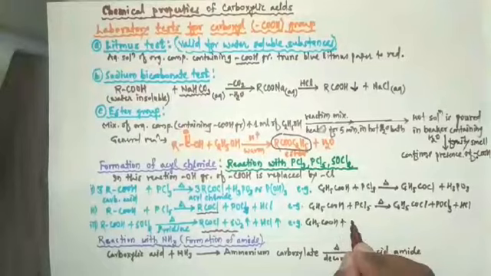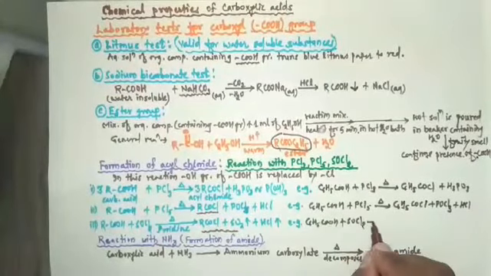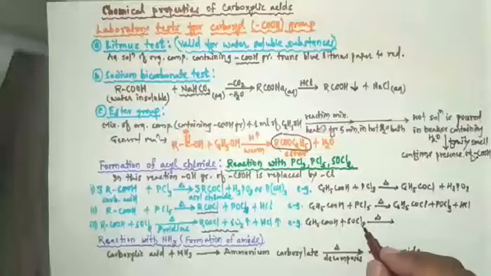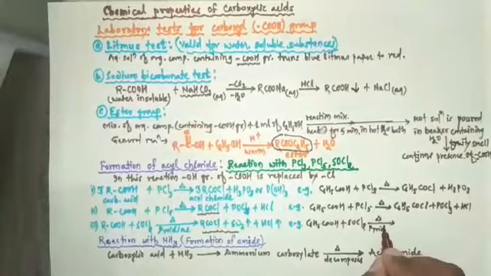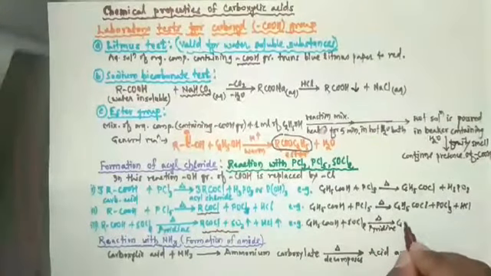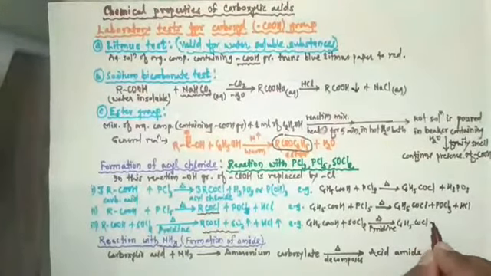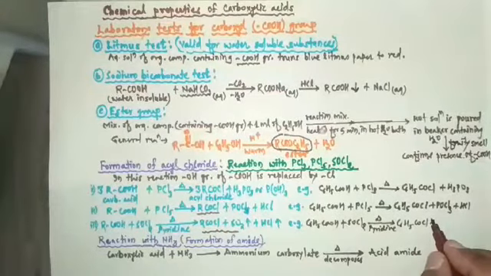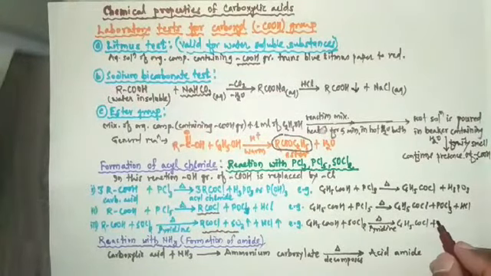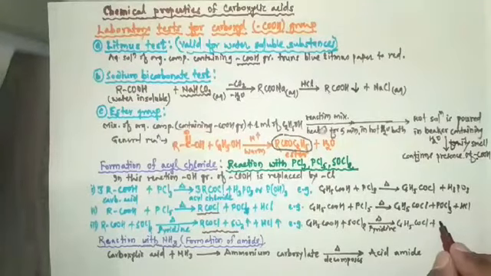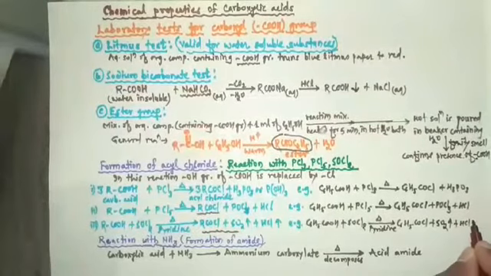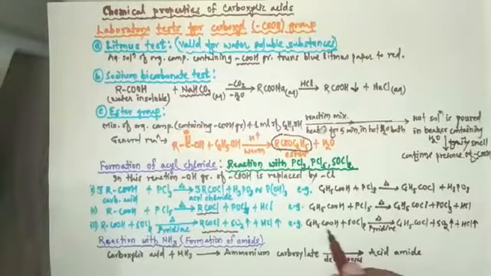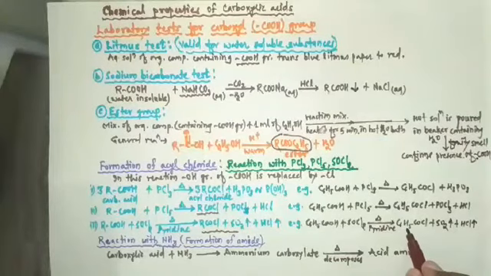When benzoic acid is reacted with thionyl chloride, so when these two are refluxed or heated with each other in presence of a base, that is pyridine, then again benzoyl chloride is formed, and the byproducts formed are two gases. First one is sulfur dioxide gas, and second one is hydrogen chloride gas. So thus formation of benzoyl chloride takes place.